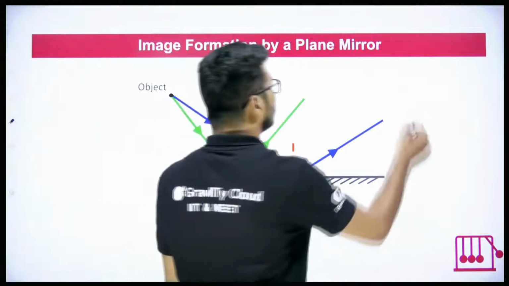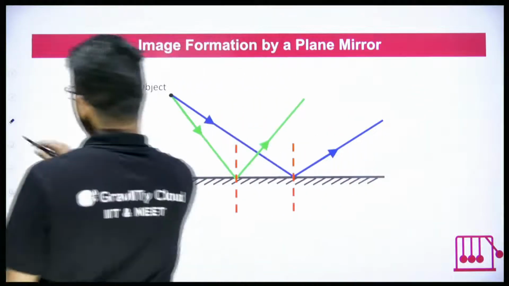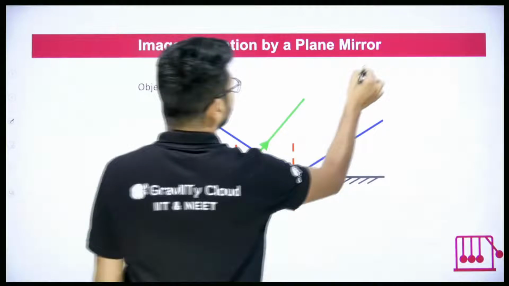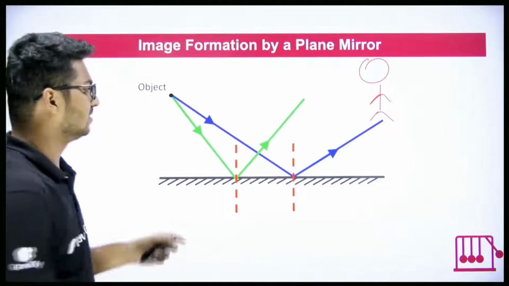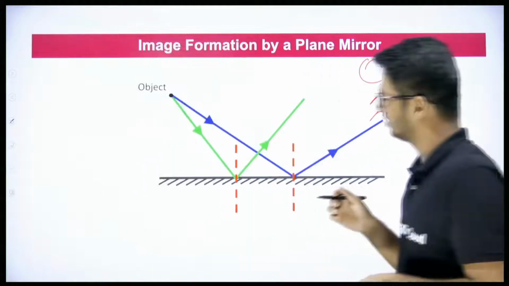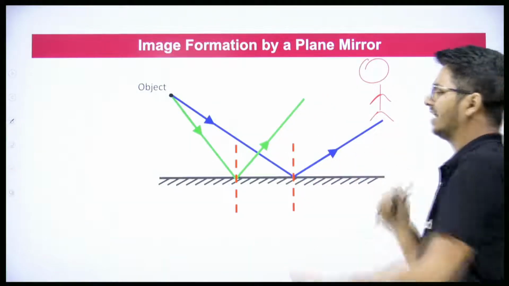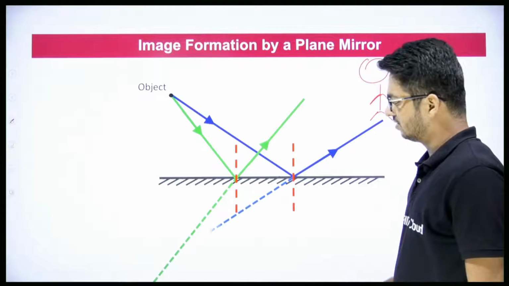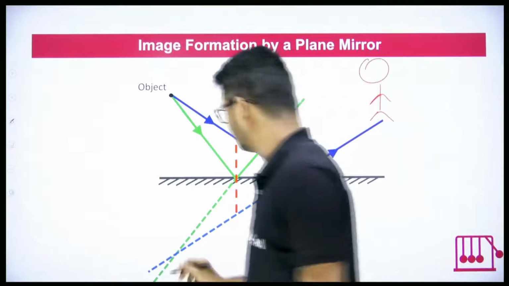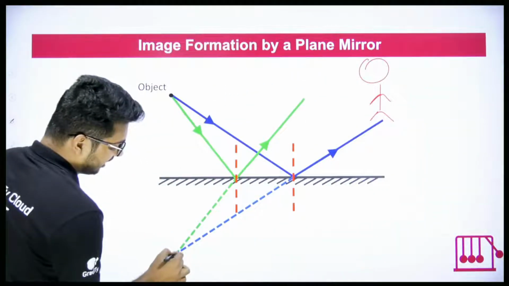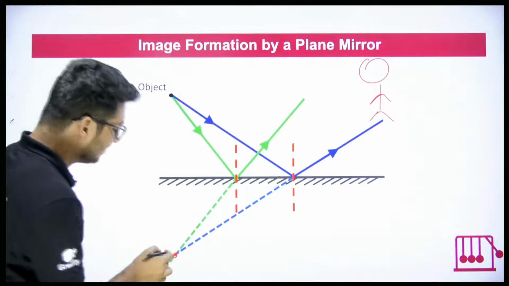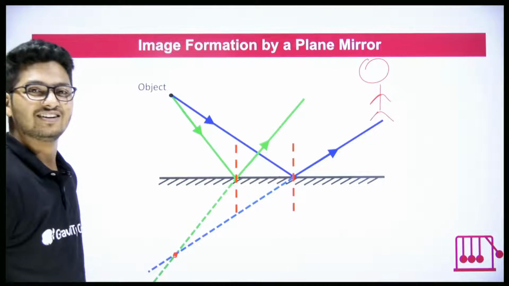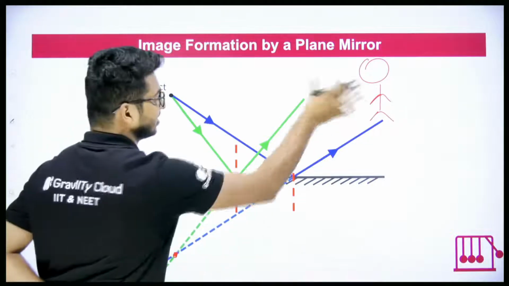Now, if there is any observer here, for that observer, look at this, these two rays, when they are extended back, they meet at this point. Yes or no? So the observer will feel that there is something here from where the two rays are coming.